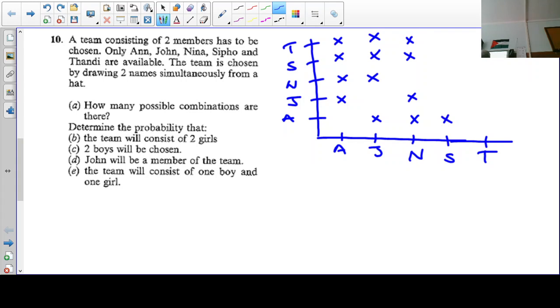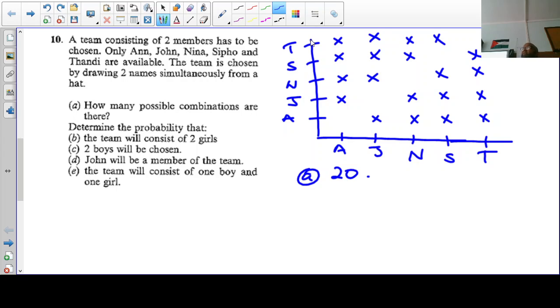Sipo and N, Sipo and John, Sipo and Nina, and Sipo and Tandi. The last one is Tandi and N, Tandi and John, Tandi and Nina, Tandi and Sipo, and of course you can't have a Tandi and Tandi. In this specific order here. So if you count, we have 1, 2, 3, ... 20. So in other words, there are 20 outcomes here. There's 20 combinations that can be formed from this.